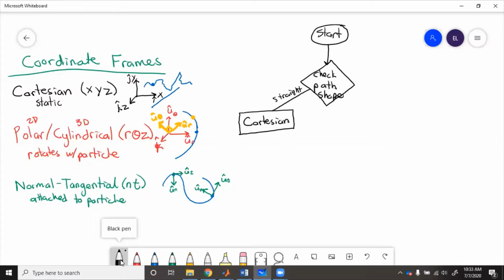Then if it is not straight, so say it is curved, then the next thing you have to do is check to see if r, or the path, is known or unknown.